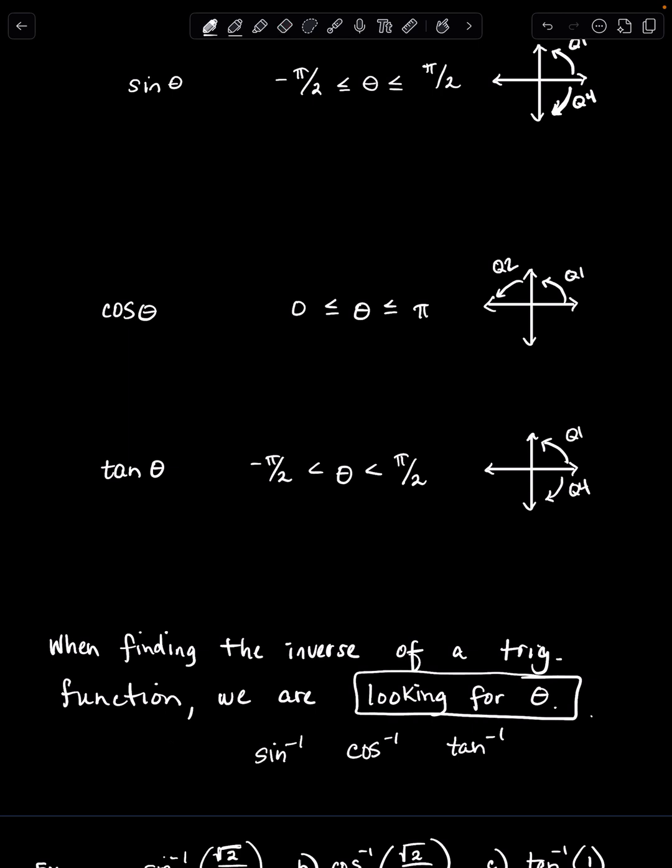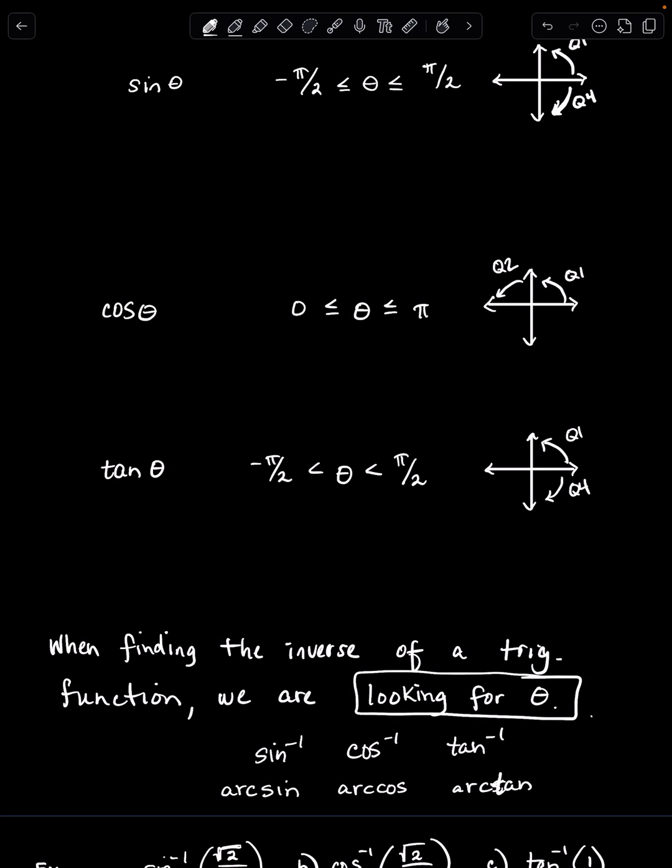You can see the notation written like that, or you could see the notation written like this. And all this means is I am looking for an angle. I want to know the angle, okay?